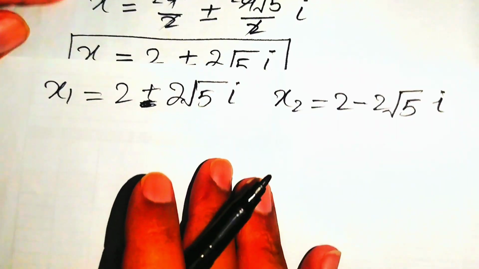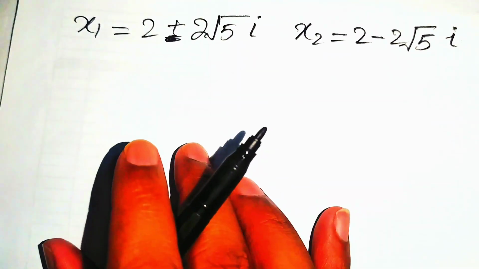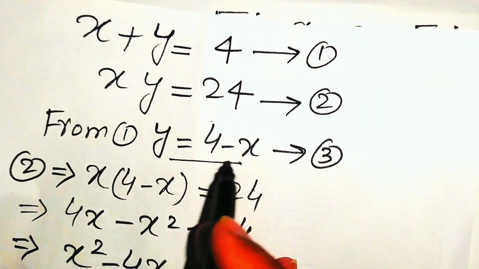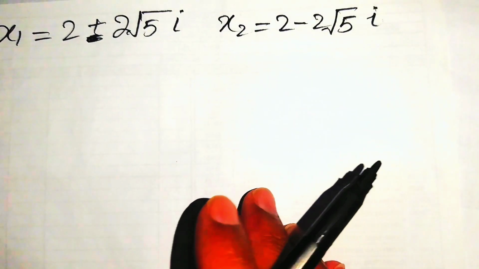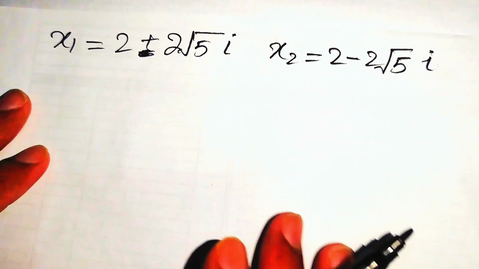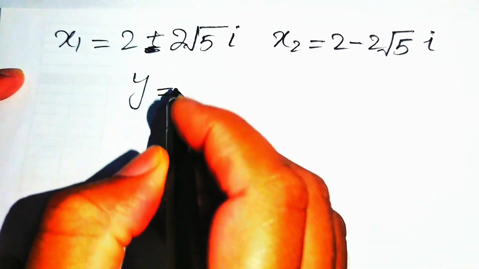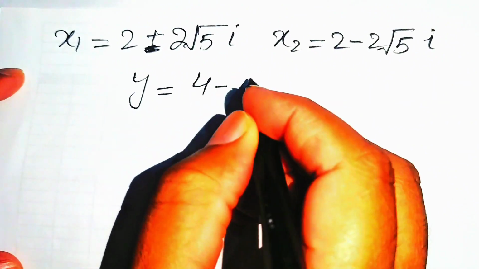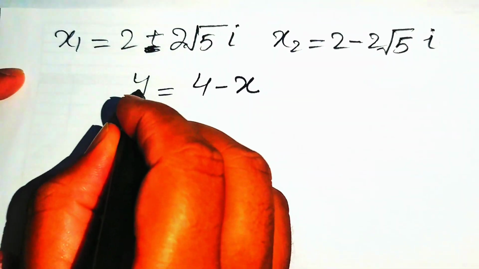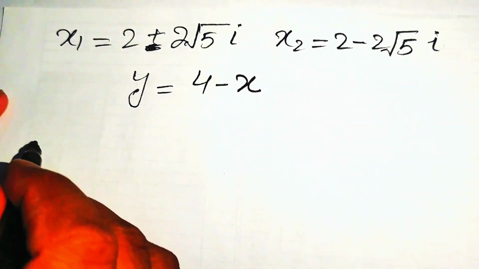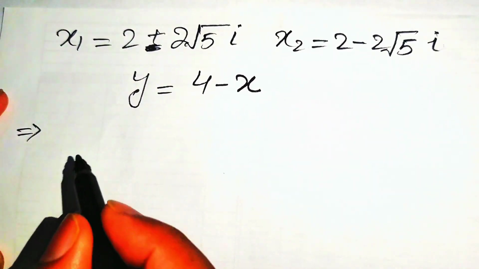We write the two values of x separately in this form, and now we need equation number 3. This is our equation number 3, y equals 4 minus x. Now we substitute these two values of x here, and we get corresponding values of y.